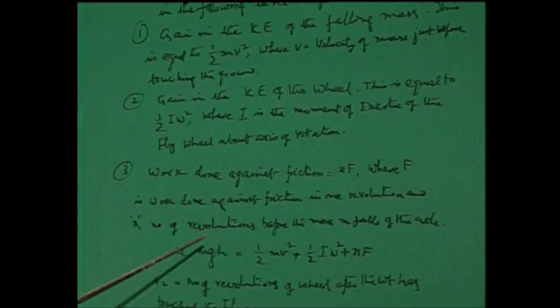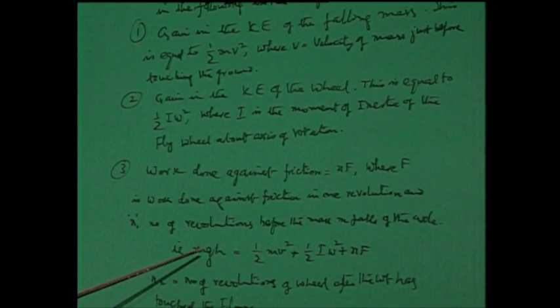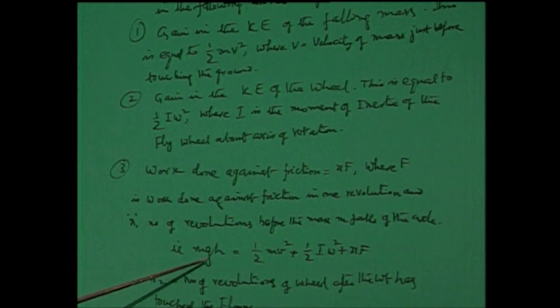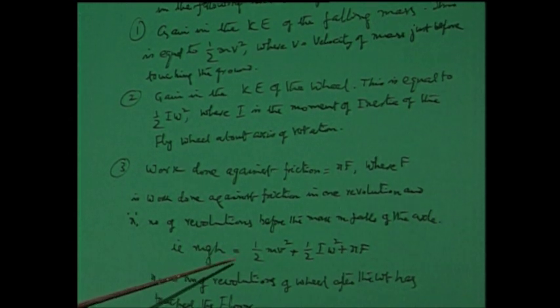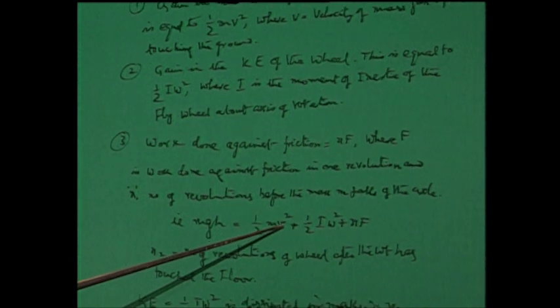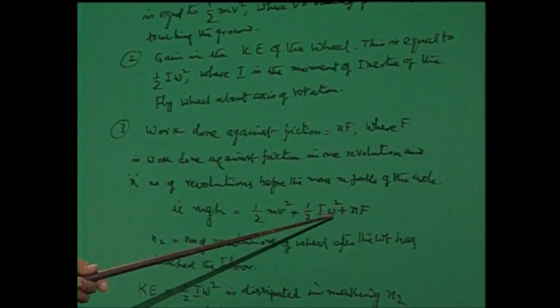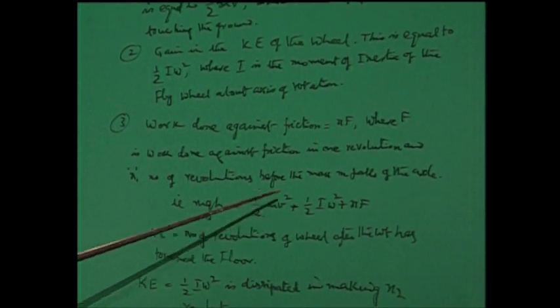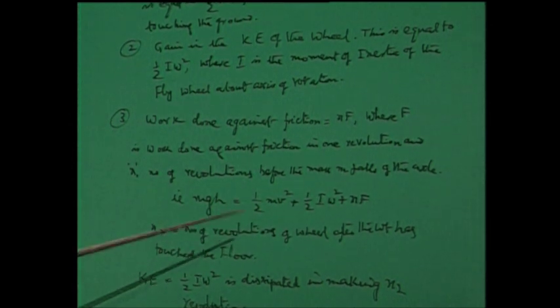So in total, mgh, the initial potential energy by virtue of its height, is equal to half mv square plus half I omega square plus nf. These are the individual terms as above.